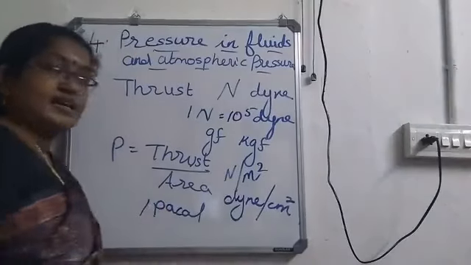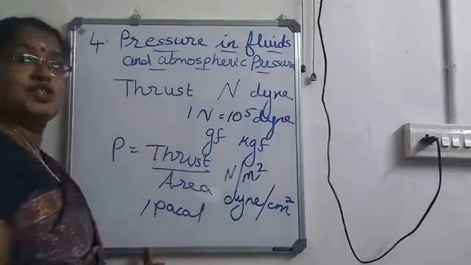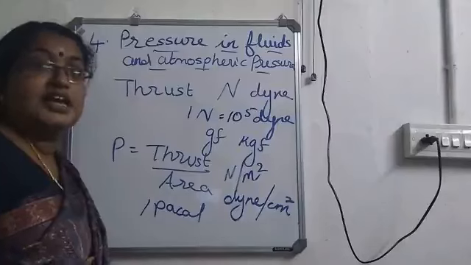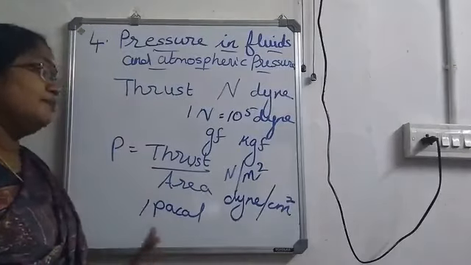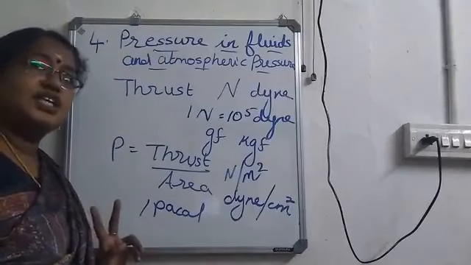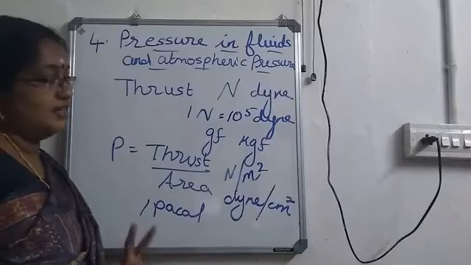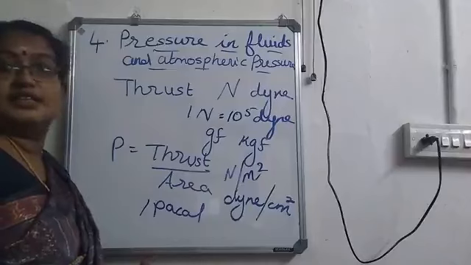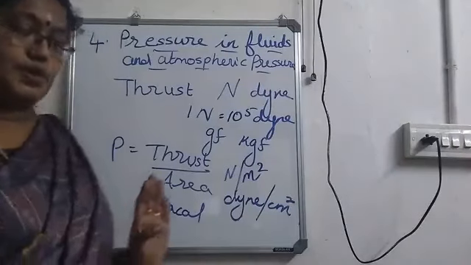Now, we have to define 1 Pascal. How can we define 1 Pascal? From this equation, you have to define it. Already I told you how to define a unit. Units are often defined in terms of the equation. So, 1 Pascal is the pressure acting on a surface of area 1 meter square when a force of 1 Newton is exerted on it.